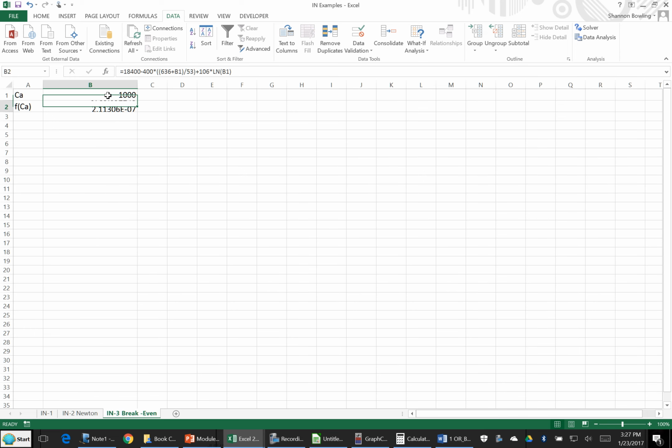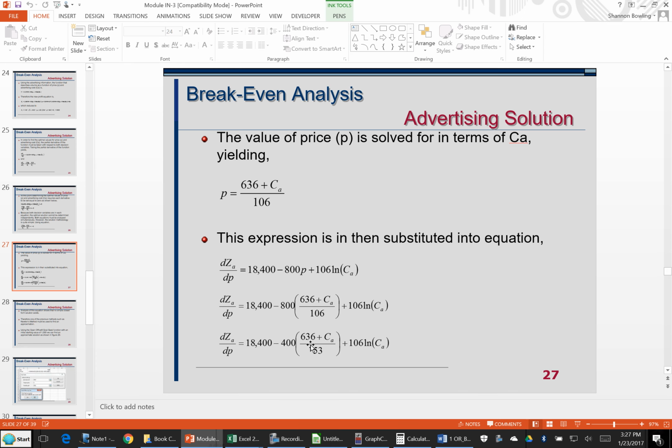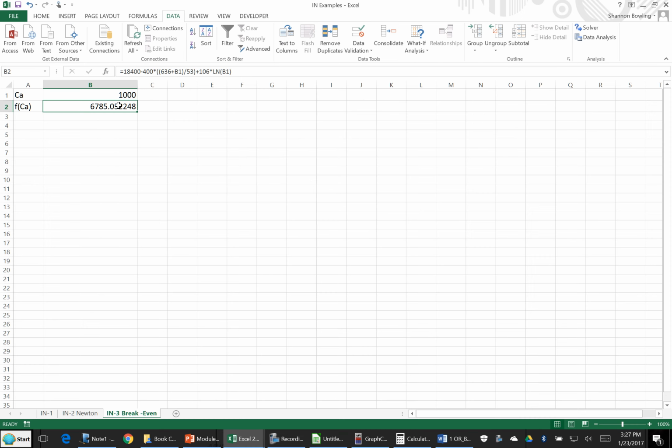So if you look, 18,400 minus 400 times 336 plus B1 divided by 53, and you look at what is right here, what you'll find is that is this equation right here. Okay? The exact same equation.